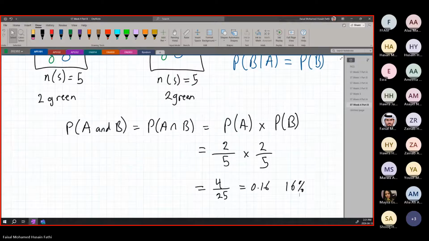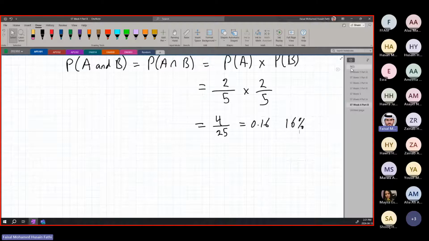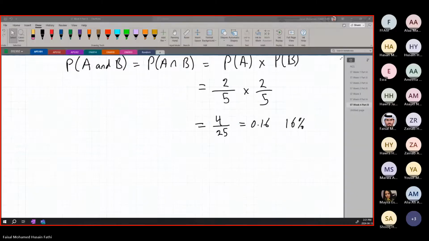So let's solve this using one of the tree diagrams that we did earlier. Let me try to find it.